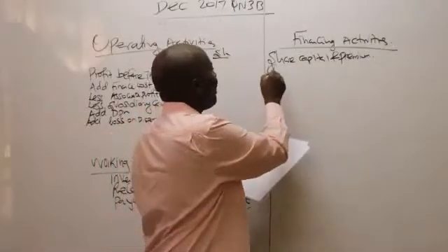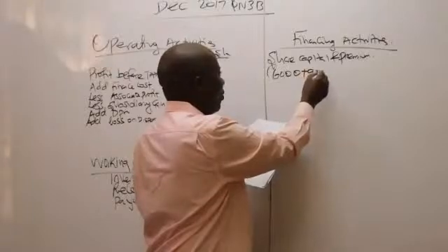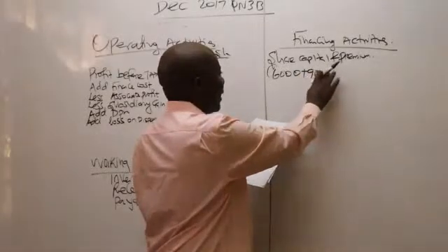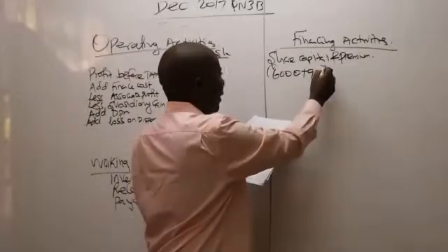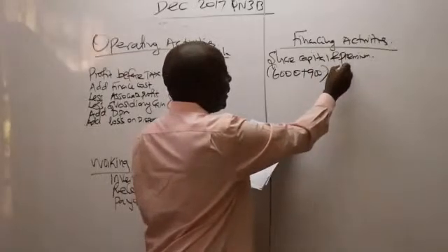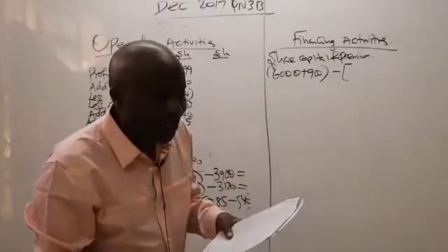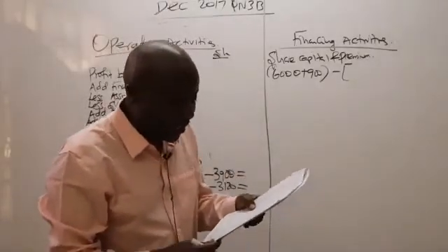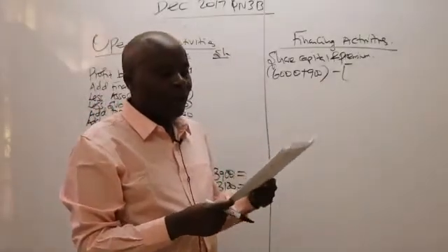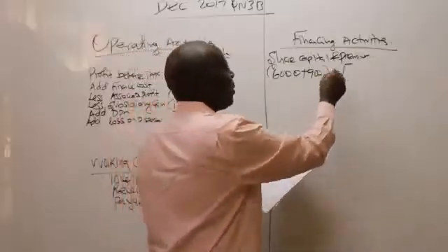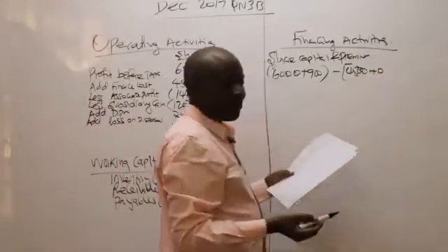Abracadabra, closing balance is 6,000 plus 900 plus 900 plus 900 like that, minus, in this case here, the opening. What is the opening? Somebody? Looking at opening, share capital is 4,500, plus premium there is 0.